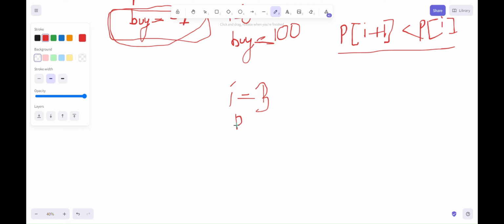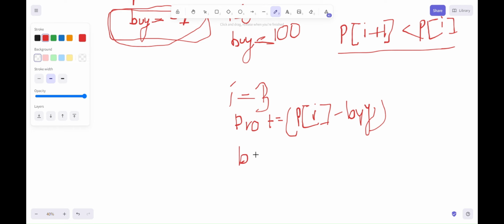So profit will be plus equals the price of that day where i equals 3, the price of that day minus the buying price, and we set buy equals -1 so that we can further buy another item.